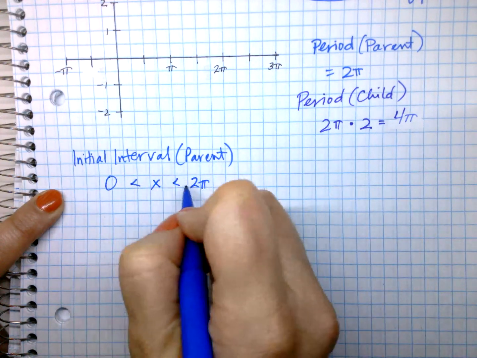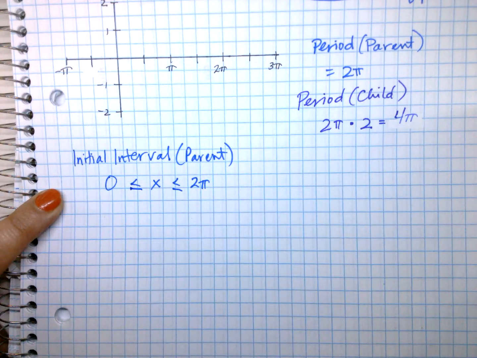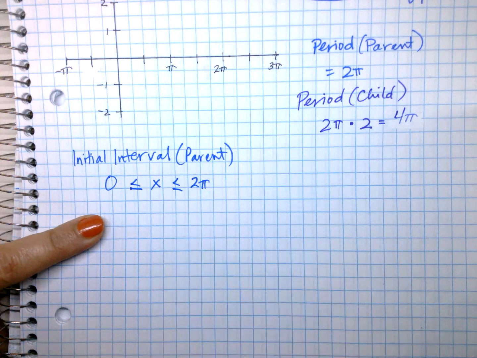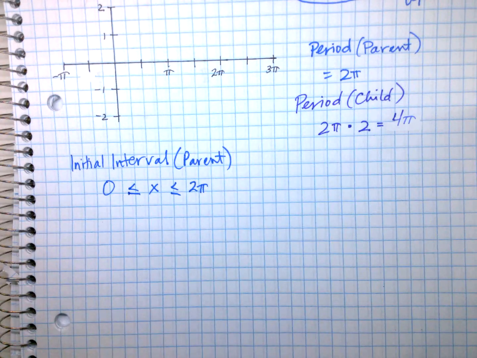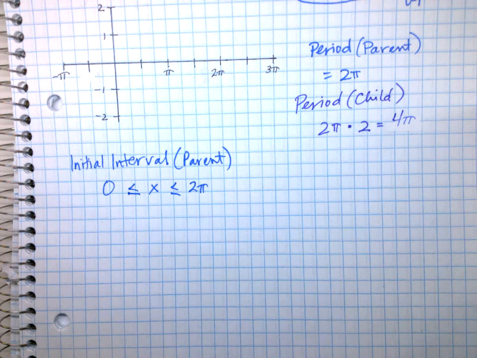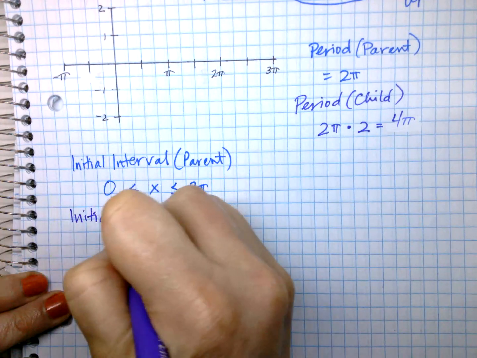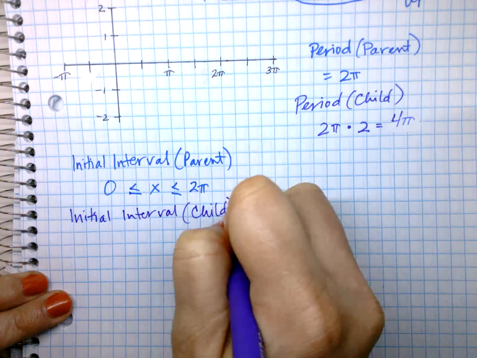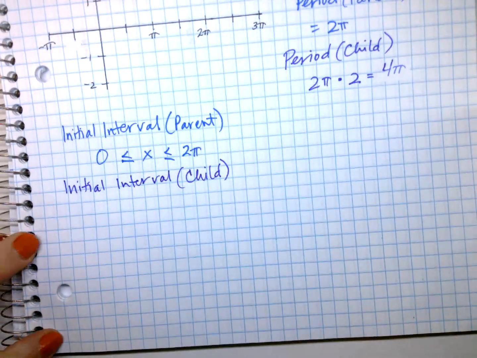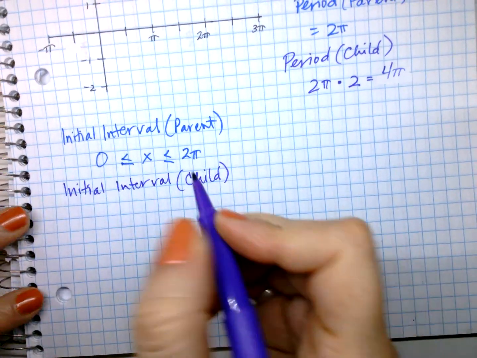And I said less than, like x is between 0 and 2 pi, but it actually could be equal to as well because we don't have any limitations on the domain of the sine. Now, what do you do with that initial interval when you want to talk about the child? There's a really nice little technique that you can use, and that would be that we're going to rewrite this initial interval that we had for the parent function.